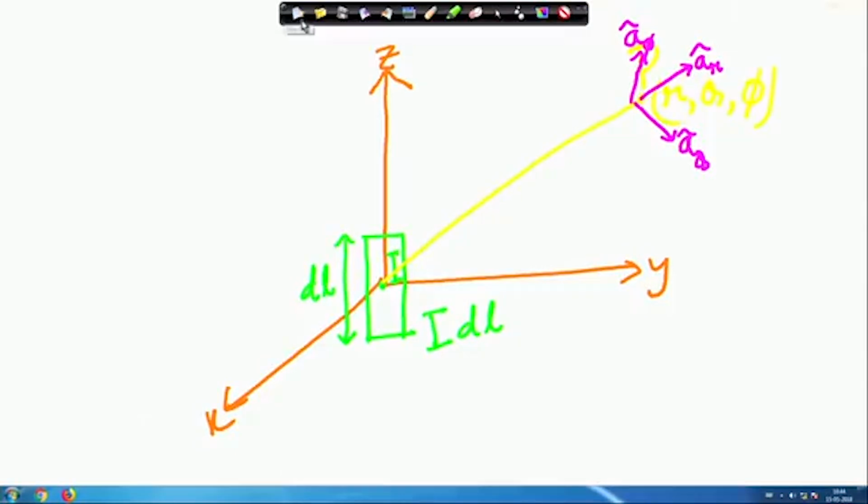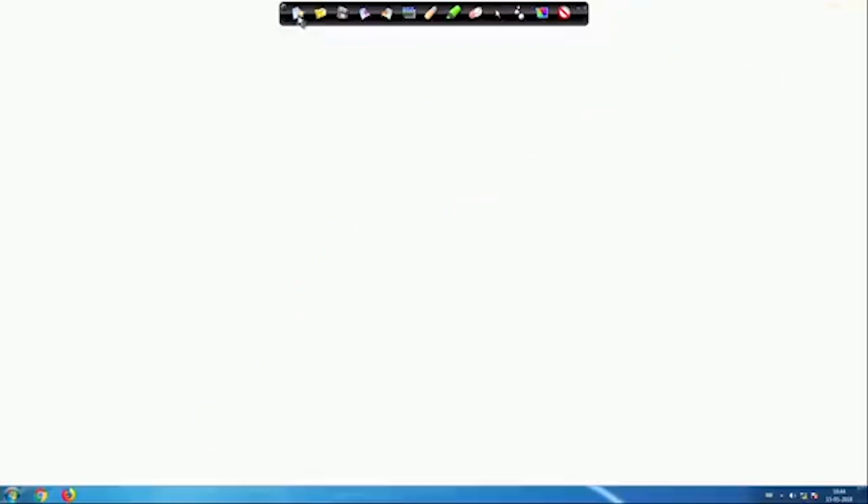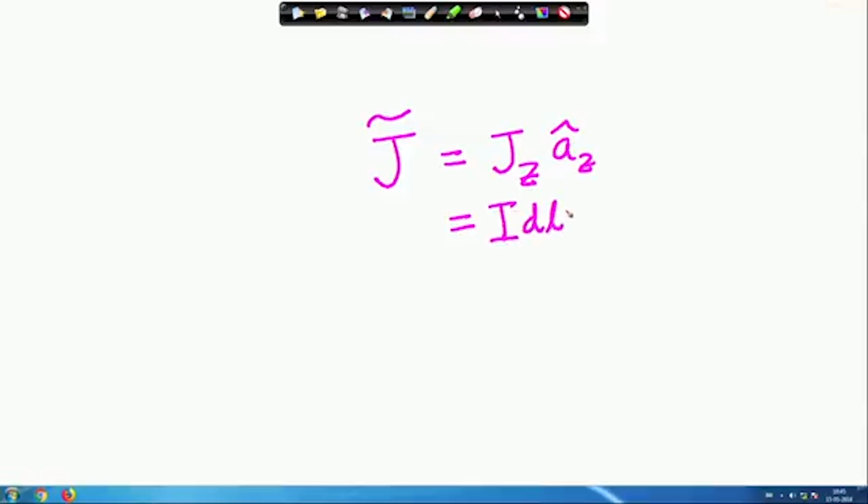Now we can say what will be the current density, that will be Jz, and we have found that this value is ideal.